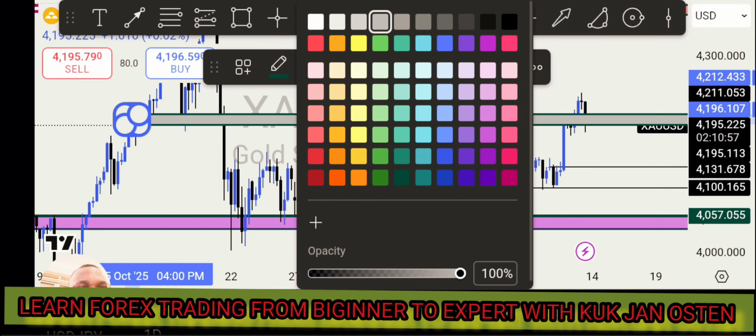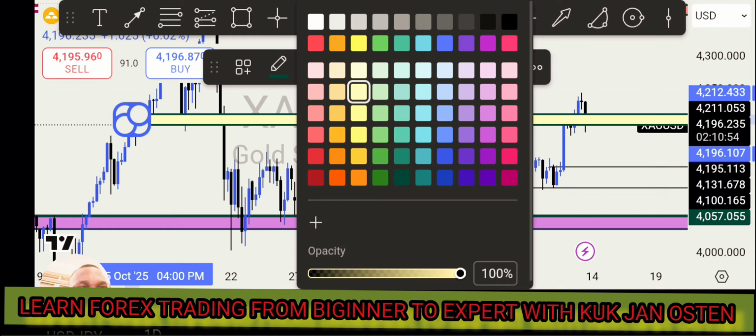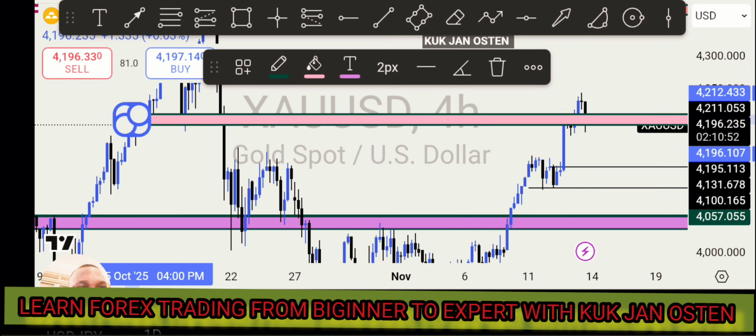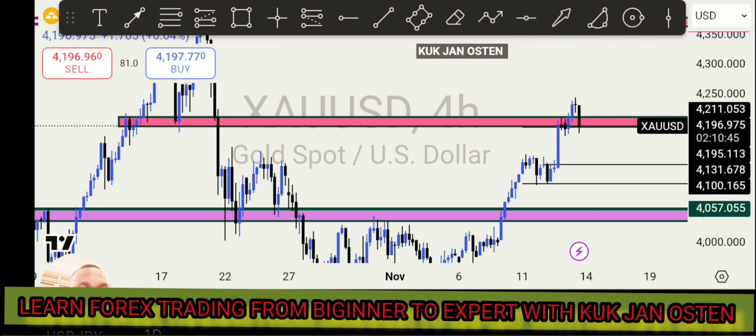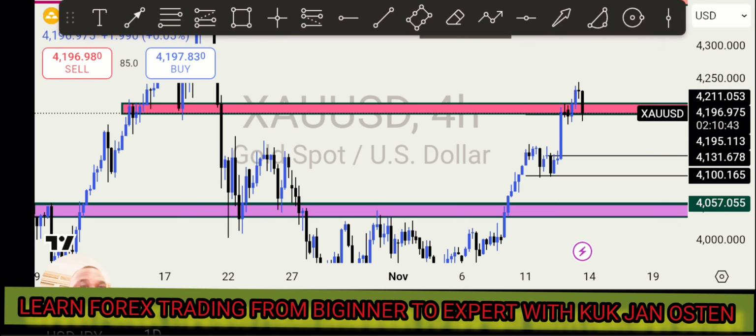We can change the color to yellow, or even to red. So we are seeing that there was some sort of previous resistance on our left, and there we have identified it.